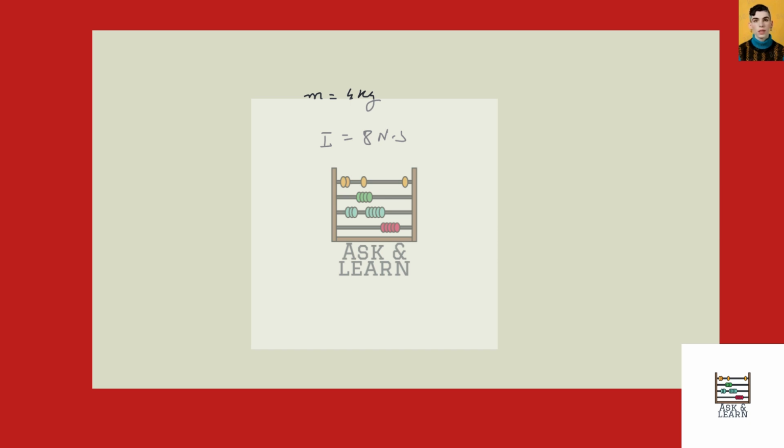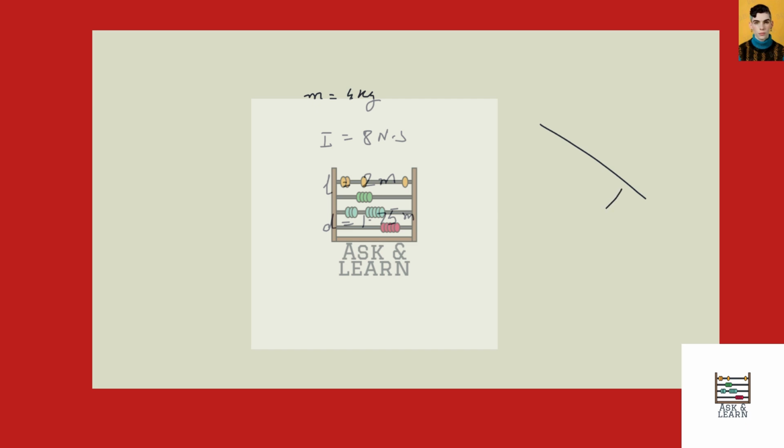So this is pretty simple. The length of the rod L is 2 meters, and the distance of A from the rod end is D, which is 1.75 meters.